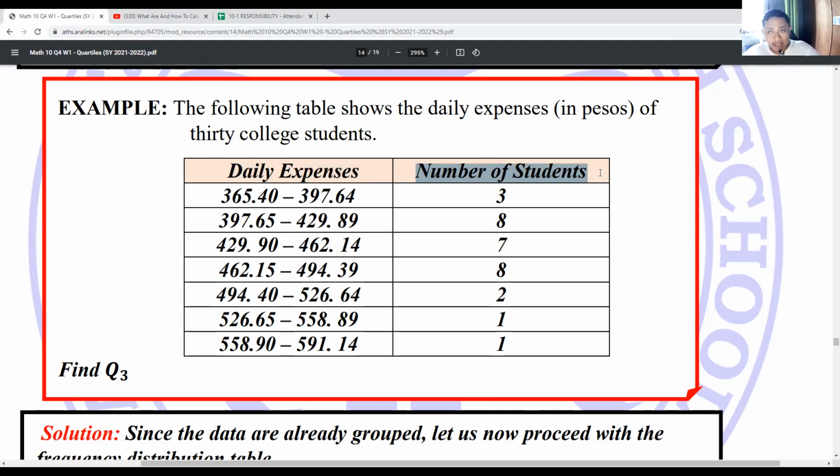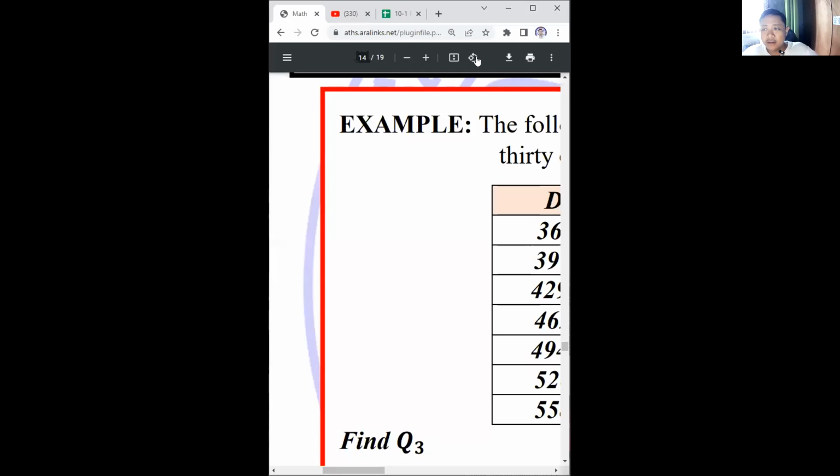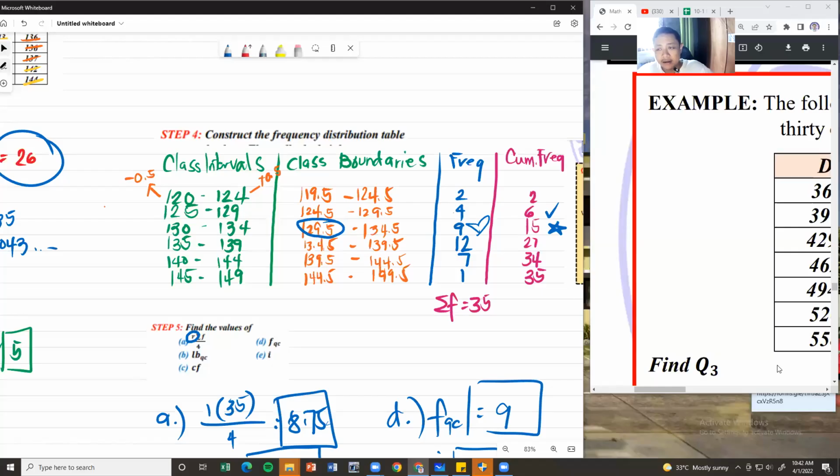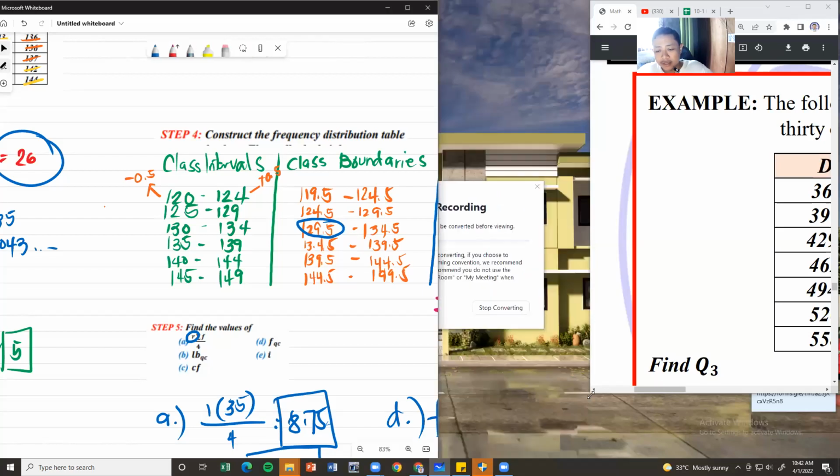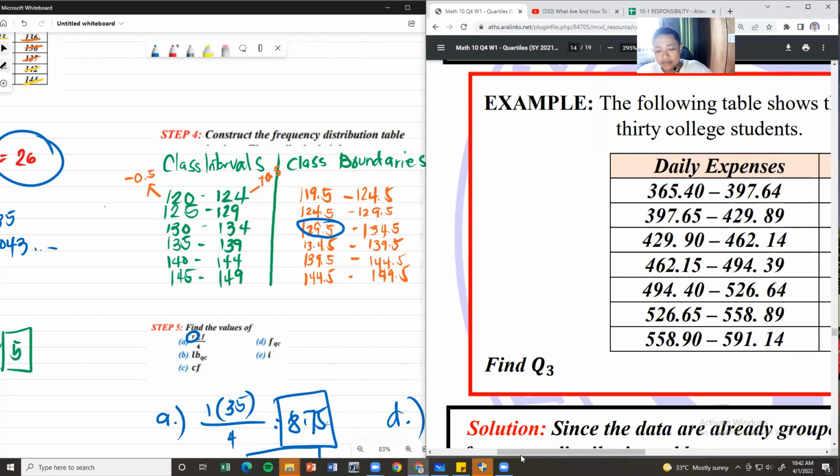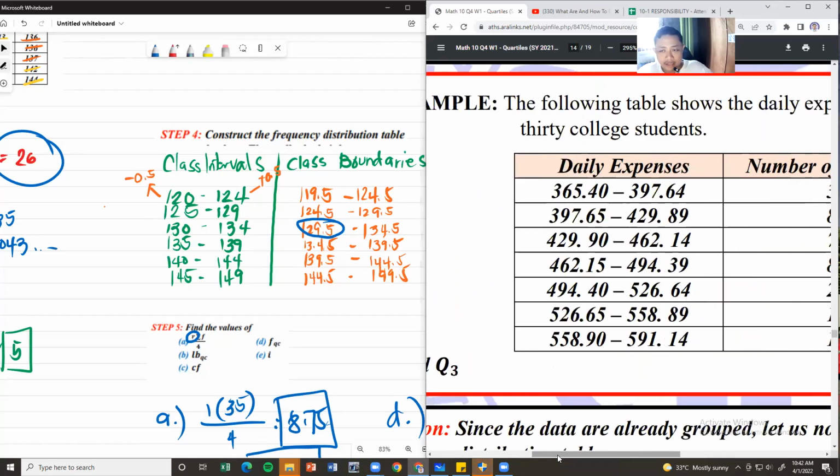Then all you have to do is to get the cumulative frequency, the CF, and then what else should be done? Yun na lang, the cumulative frequency here. So in this example, you already have the class interval, the daily expenses.